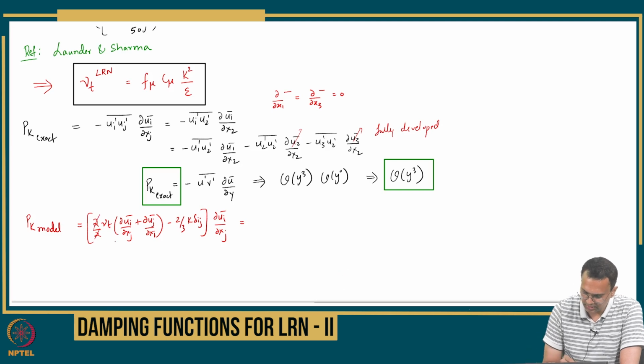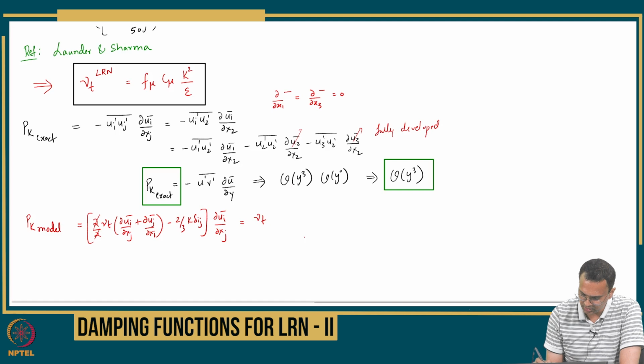So I essentially get this particular term. We have already expanded this once long back when we did the model constants. If we quickly recall it, it is essentially going to reduce to a very small term.